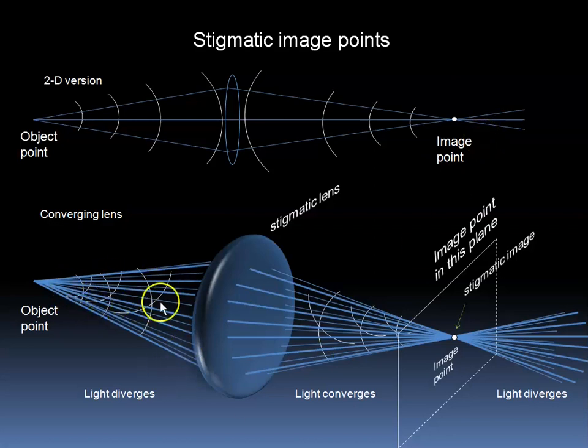In this 3-dimensional representation, we see spherical wavefronts of light with the corresponding rays to show their direction of movement coming to a converging lens, and the light is now shown to be converging to a point in this plane. If there's nothing blocking the light here, then the converging light will continue and now start to diverge beyond the image point.